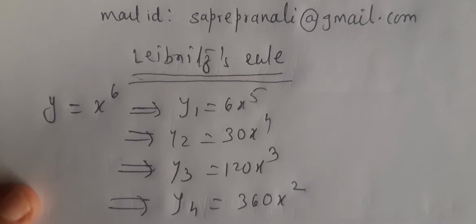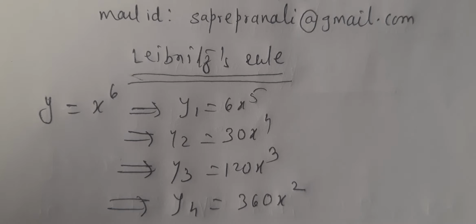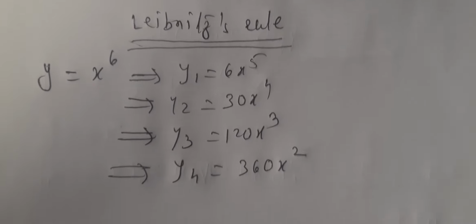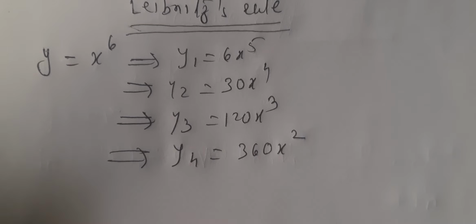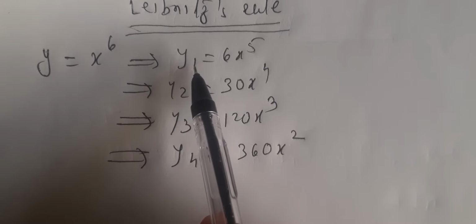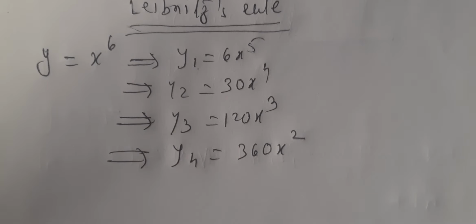What exactly we are doing in successive differentiation? In successive differentiation, what we are learning is how to get this fourth derivative directly without actually finding first, second or third derivative. Means if you are asked find 25th derivative, 27th derivative, is it feasible to find all these derivatives first, second, third, fourth up to 25th?